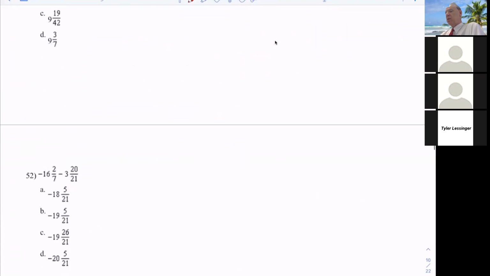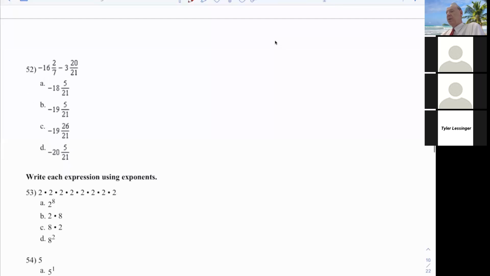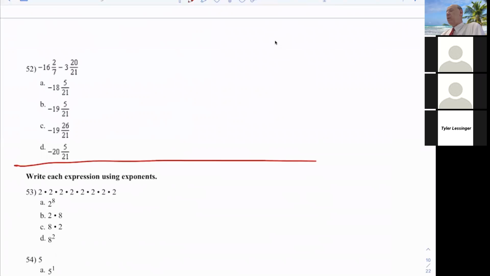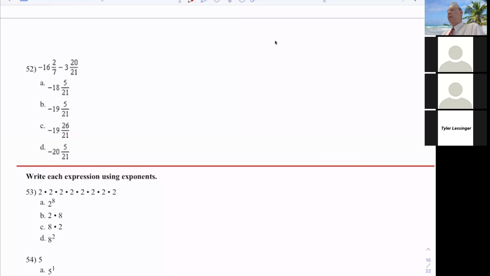This is a good place to break, 52. That's your homework up to 52, okay? Start right now. Lots of fractions. So my homeschool peeps, you guys got that all the way up to 52, okay?